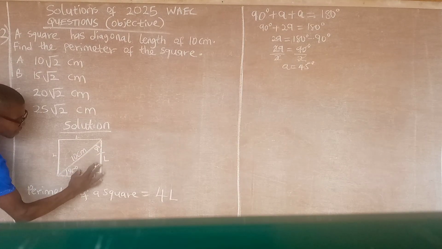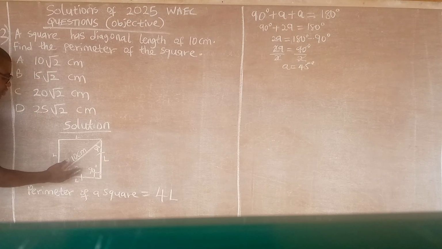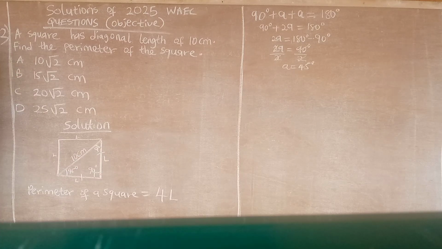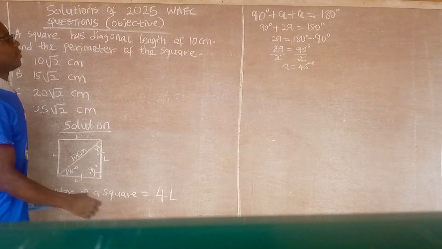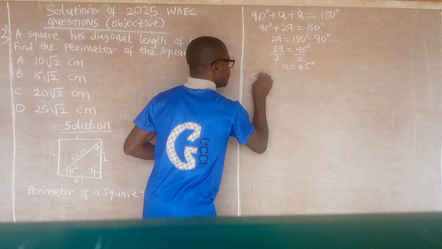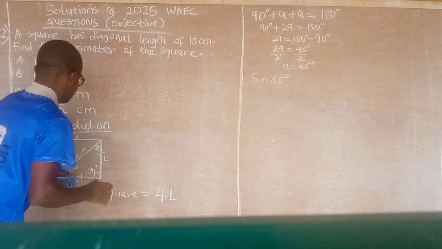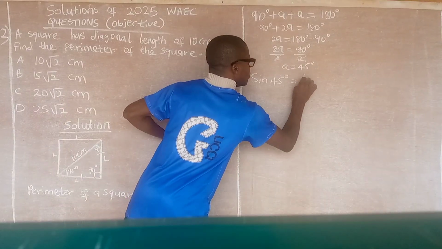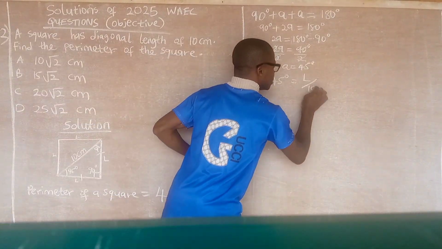And since this triangle is a right angle triangle, I can use SOHCAHTOA to find the value of one length of the triangle, which is also the value of one side of the square. So sine 45 degrees is equal to opposite, which is L, over the hypotenuse, which is 10.